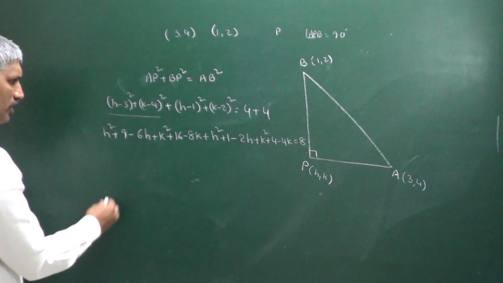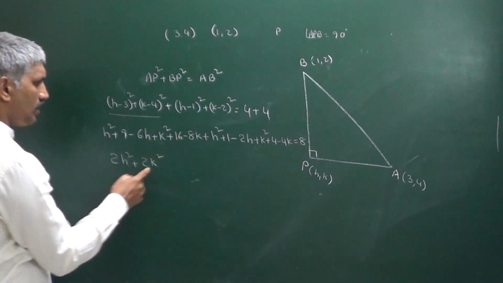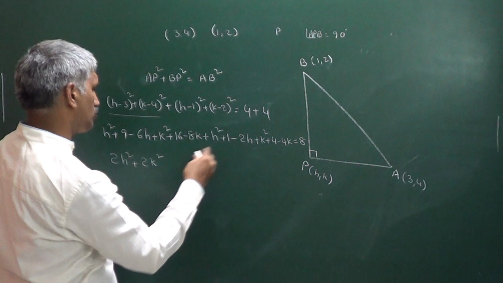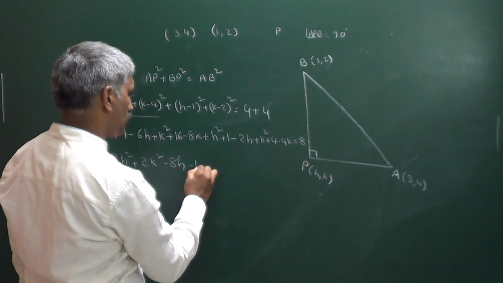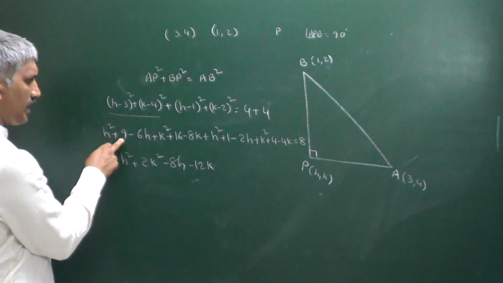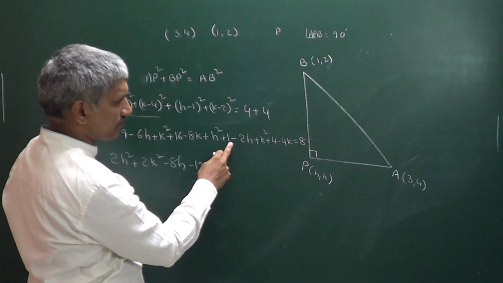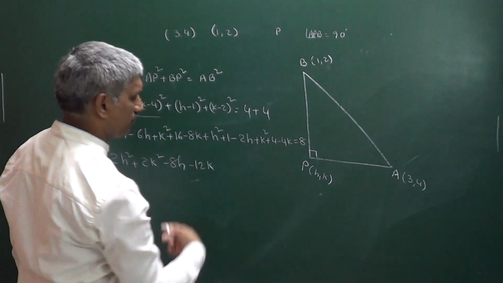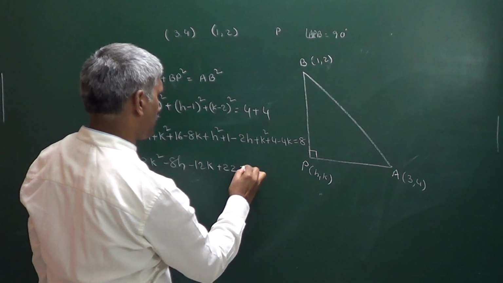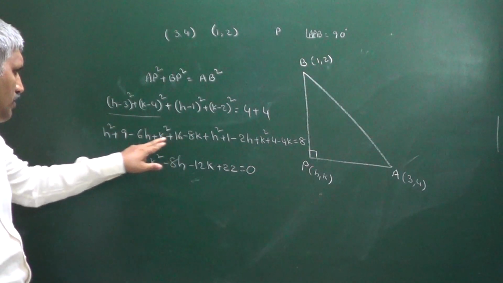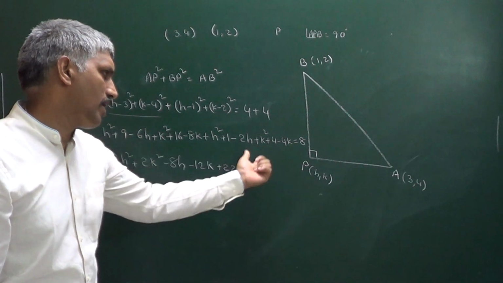On simplification you will get 2 times h square plus 2 times k square, minus 6h minus 2h becomes minus 8h, minus 8k minus 4k so we will get minus 12k. 9 plus 16 is 25, plus 5 is 30. Shifting 8 to this side, 30 minus 8 is 22, so plus 22 is equal to 0.